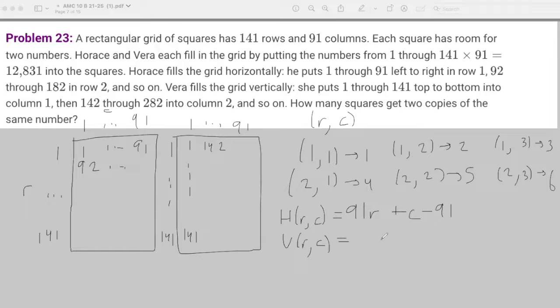And similarly here, we get R plus 141C minus 141, because every time we increase the column number by 1, we go up by 141. Every time we increase the row number by 1, we go up by only 1. And the corner entry should be exactly 1. Okay, and then we just set these equal to each other.